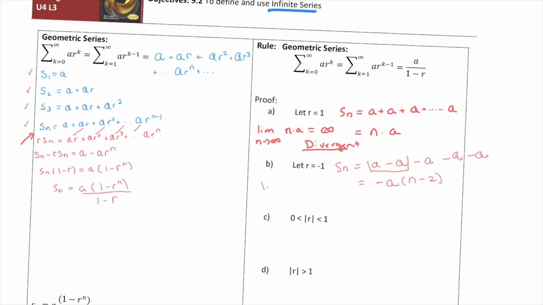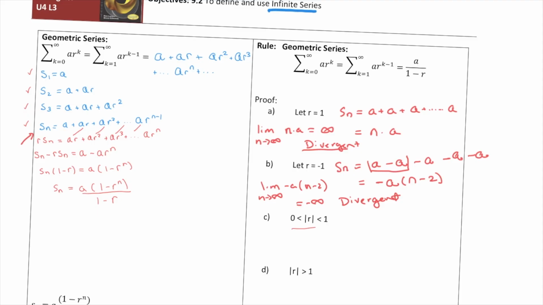All right, so now the limit as n goes to infinity of negative a times n minus 2, your answer goes to negative infinity. Again, if r is negative 1, our geometric series is divergent.